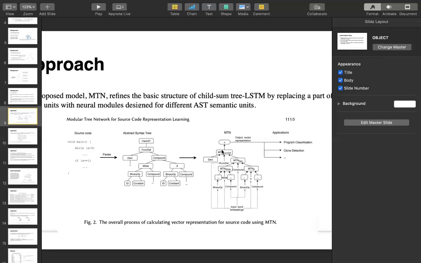The tree could be a sub-tree. The embedding of the root of a tree is just a representative vector of the tree. And then they will use this vector representation to do different tasks.